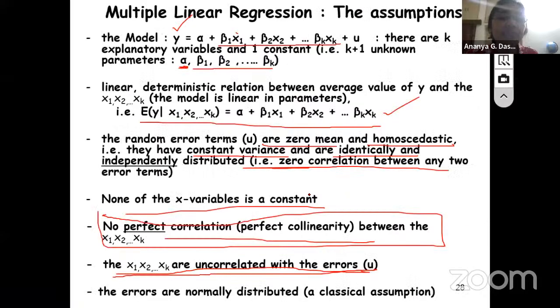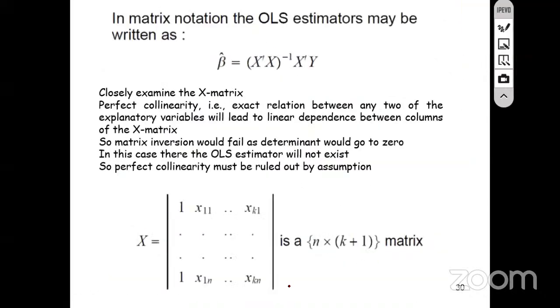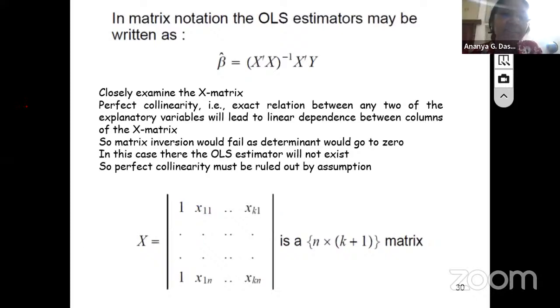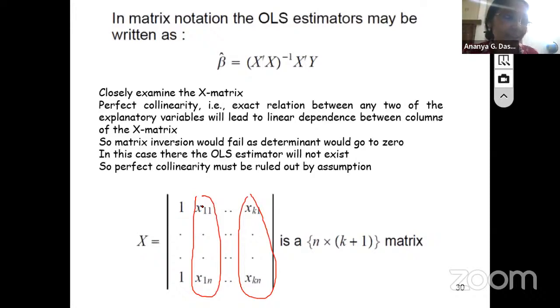Now, what does this have to do with my assumption that there is no perfect correlation between any of the x's? In case there is an exact relation between any two x's, then we can express one column in terms of the other. So if they're perfectly correlated, then it's something like x1 is equal to 2x2 or x1 is equal to 5x3, something like that.